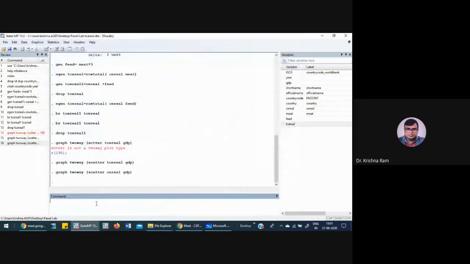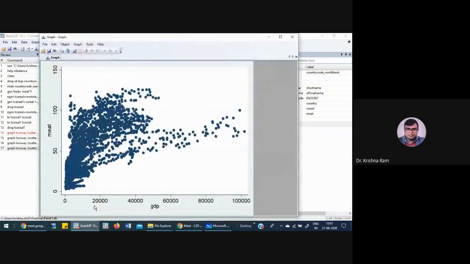Just look, I have another graph, which is the meat consumption. It looks like this. Here we are getting a positive relationship between meat consumption and income.